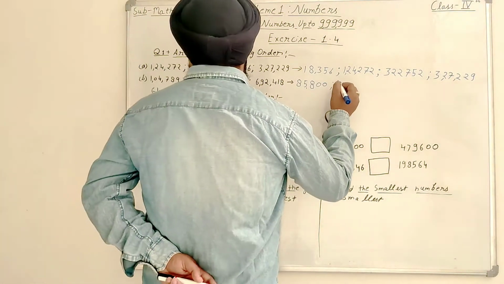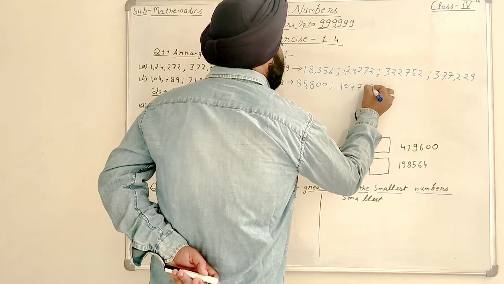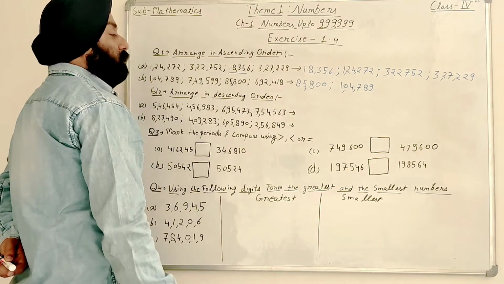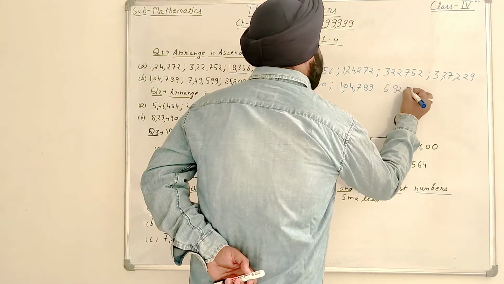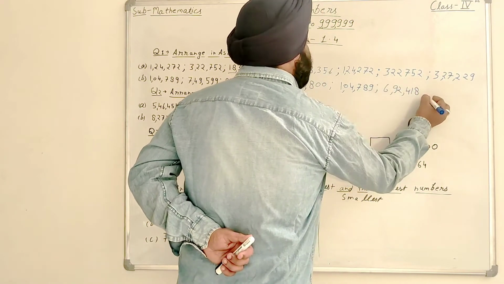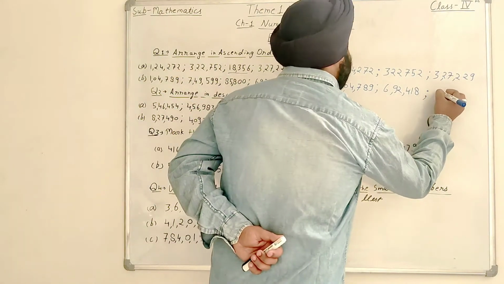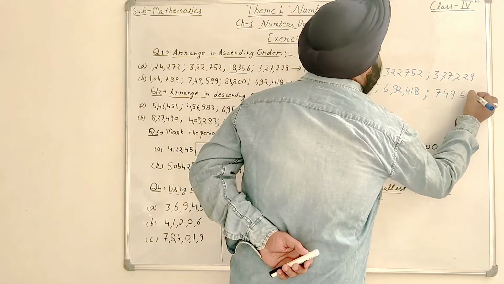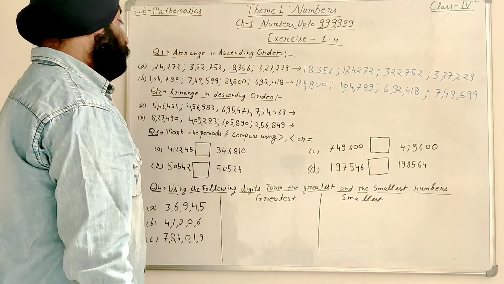One lakh 4,789, 6,92,480, then 7,49,599. Here is our answer.